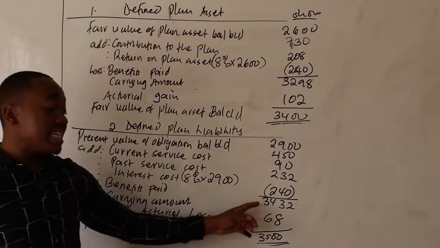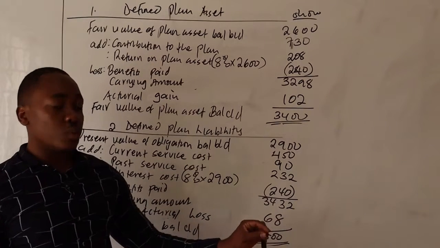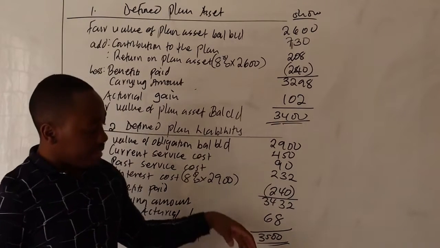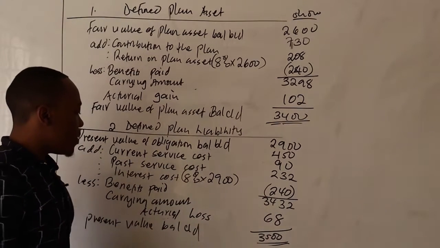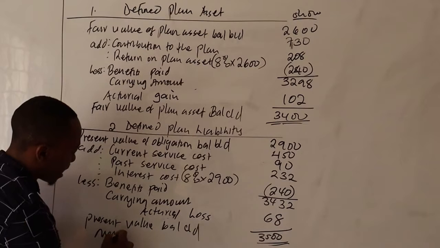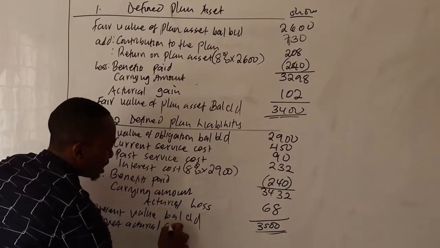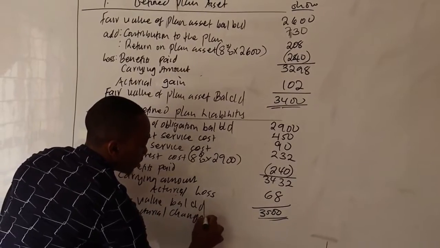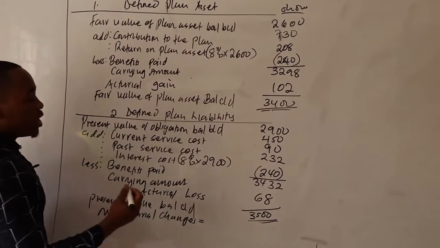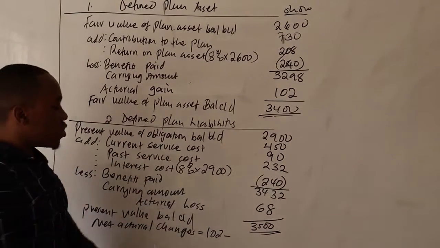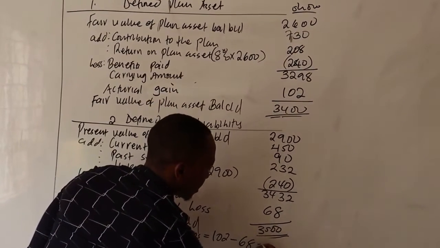Remember, when a liability increases, it's not like an asset. When an asset increases, it's a gain. But when a liability increases, it's a loss. So how much will be our net actuarial changes? From the asset, we had an actuarial gain of 102. Then we have an actuarial loss of 68.